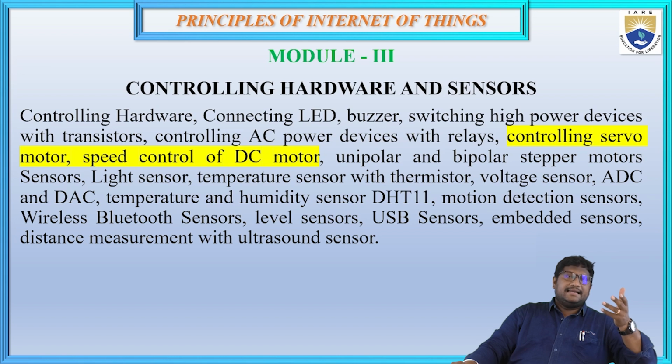What is a relay? A relay is a magnetic switch, whereas a transistor is placed between low power devices and high power devices. We need to use low power devices, and in between, a switch has to be established, which lets us connect with the high power devices.